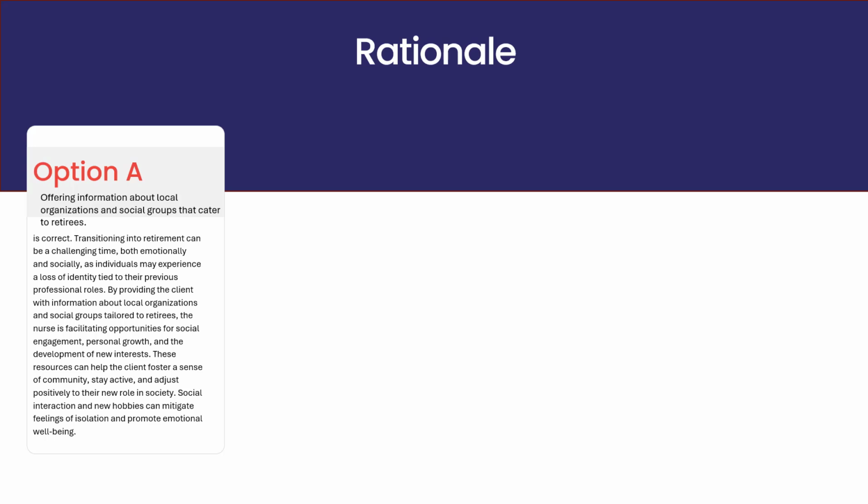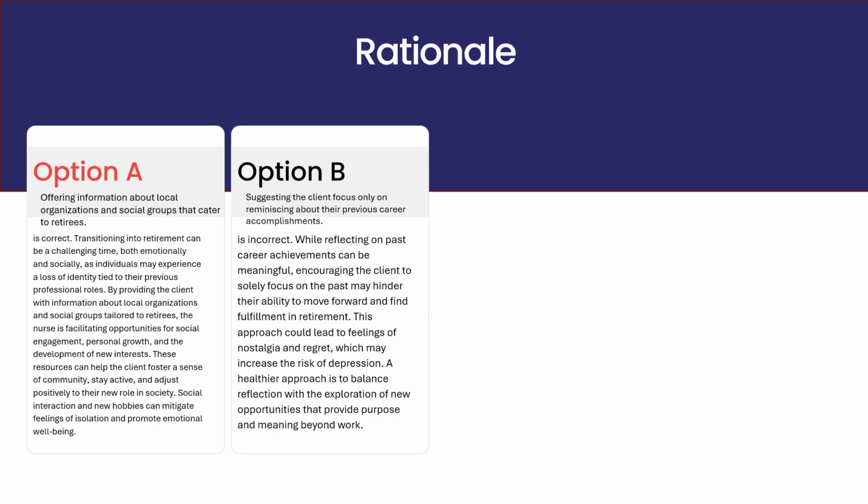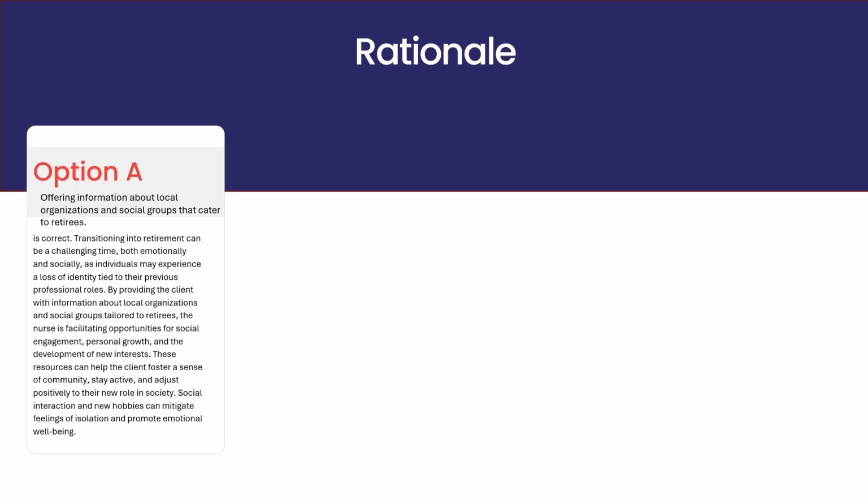By providing the client with information about local organizations and social groups tailored to retirees, the nurse is facilitating opportunities for social engagement, personal growth, and the development of new interests. These resources can help the client foster a sense of community, stay active, and adjust positively to their new role in society. Social interaction and new hobbies can mitigate feelings of isolation and promote emotional well-being.